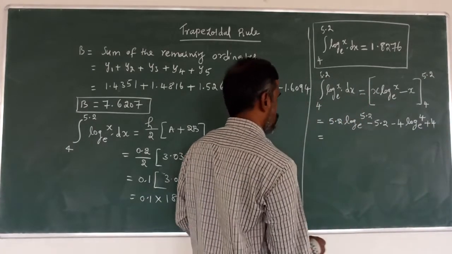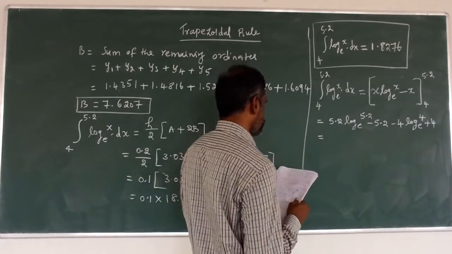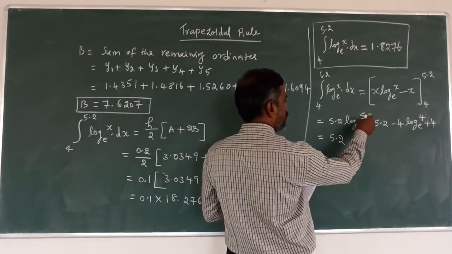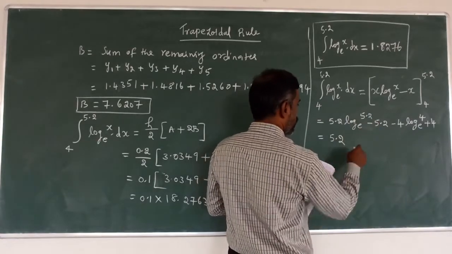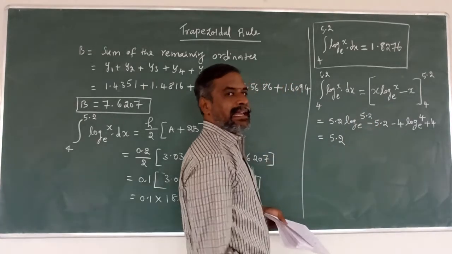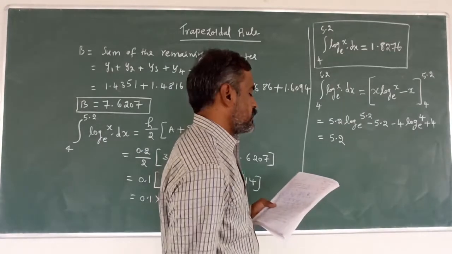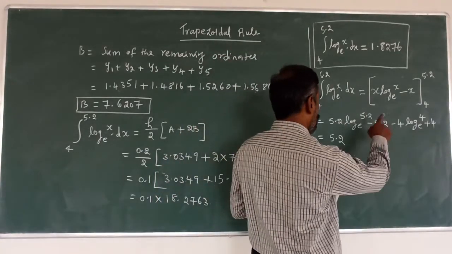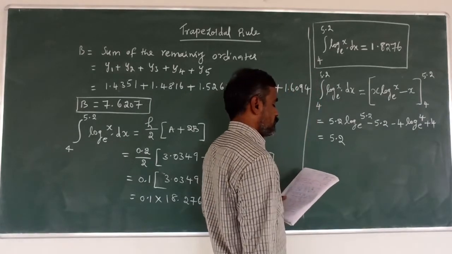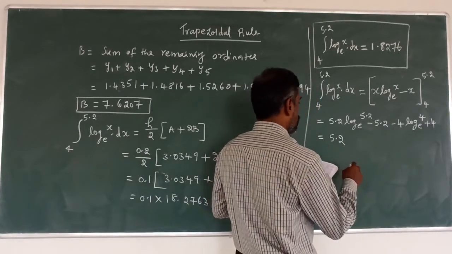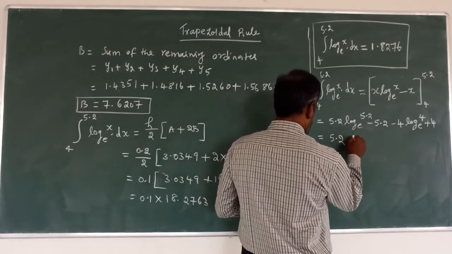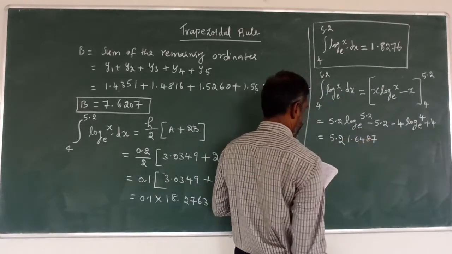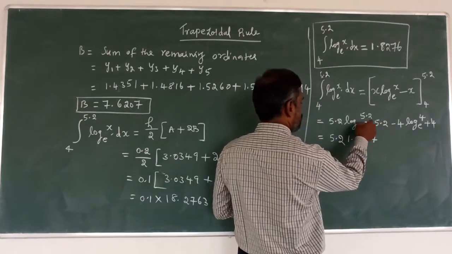Now to simplify, for log e 5.2 we take ln in the calculator. This result is 1.6487.